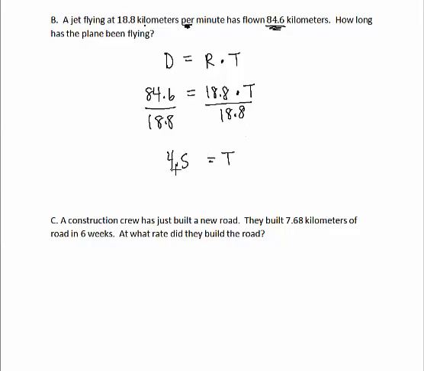Well, what units? Is this hours, seconds, minutes? Well, if you look back at the problem, we mixed units of kilometers per minute with kilometers. So our units of time would be in minutes. So 4.5 minutes.